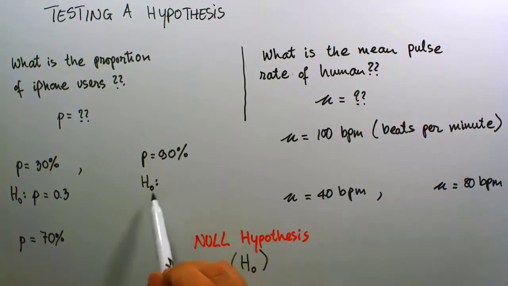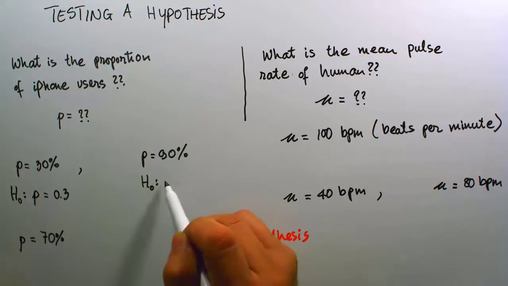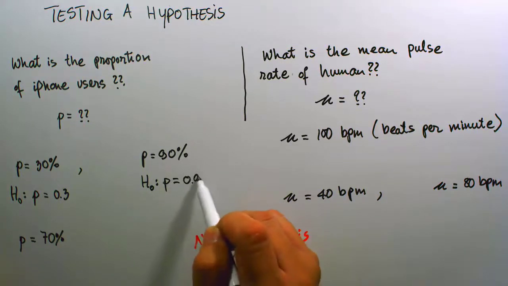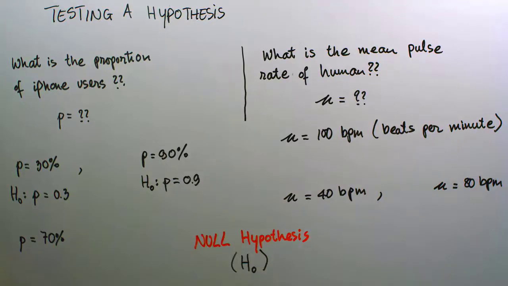So we have a different null hypothesis here saying p equals 0.9. That's how we formulate null hypotheses. Quickly, for example, with this one down here, we can have a symbolic expression: H sub 0, p equals 0.7.